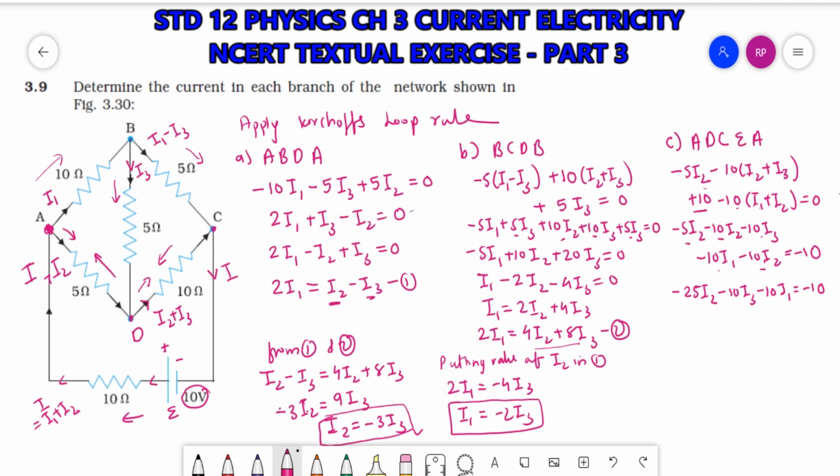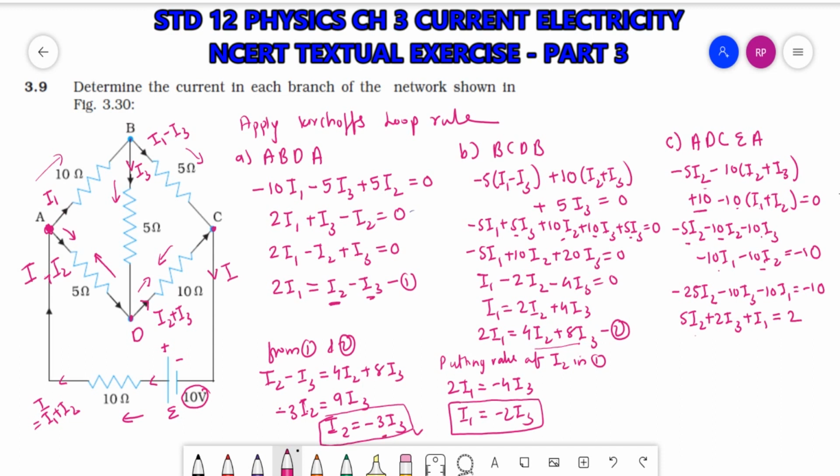Let's take minus 5 common. So it will be 5I2 plus 2I3 plus I1 equal to 2. Now let's put the value of I1 and I2 in terms of I3. So I2 is equal to minus 3I3.